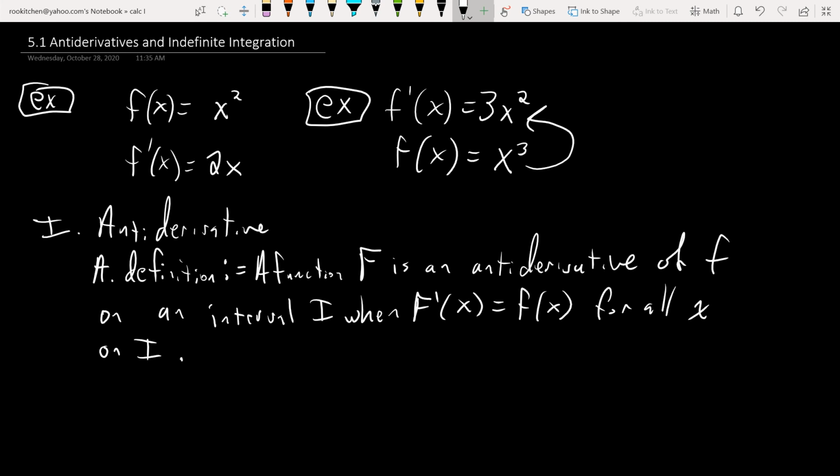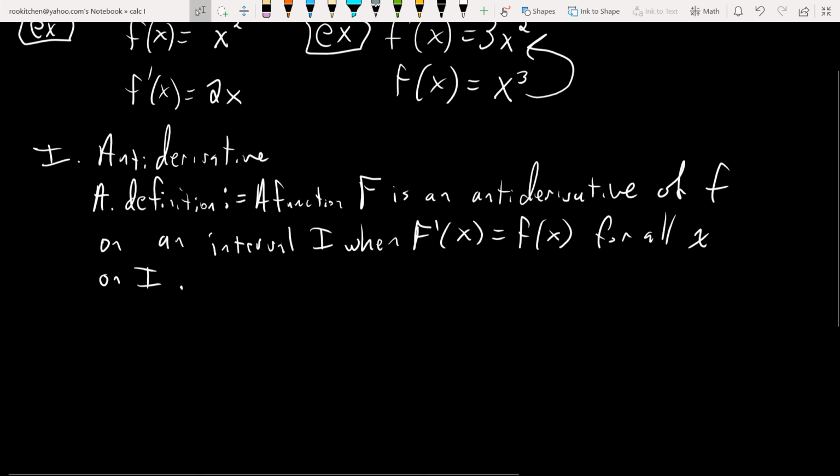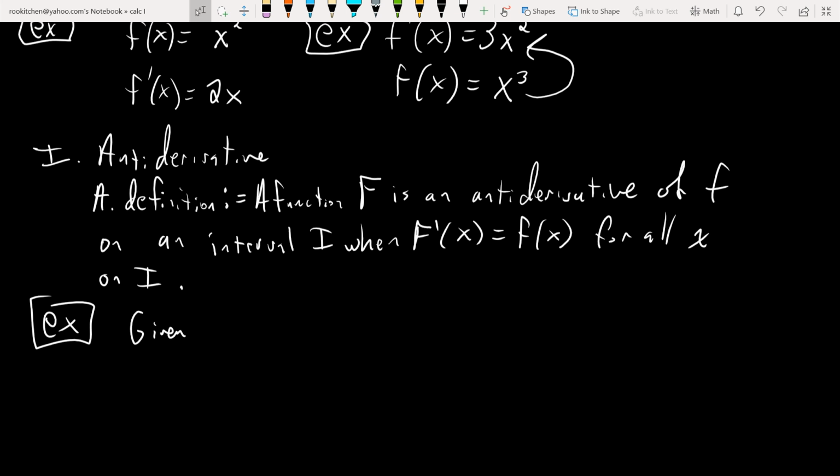Okay, so we've kind of already seen an example. Let's look at another example, but with this new notation of big F and everything like that. So we're given some little f function. Given little f of x equals 4x cubed, we have its antiderivative, big F of x, must equal what? Well, you can guess it's x to the fourth.